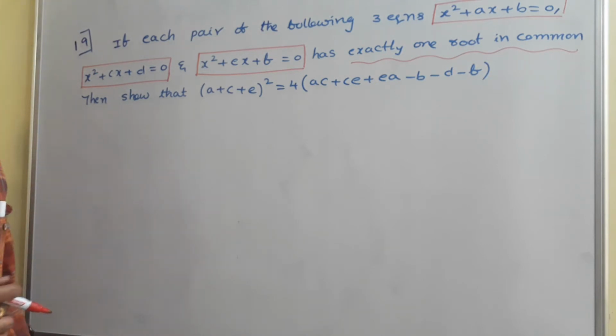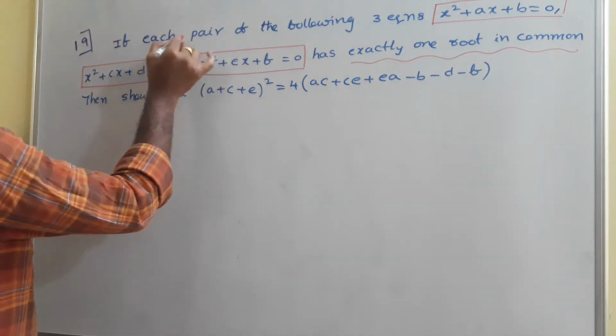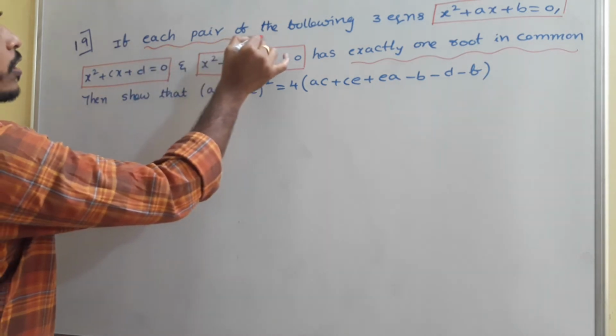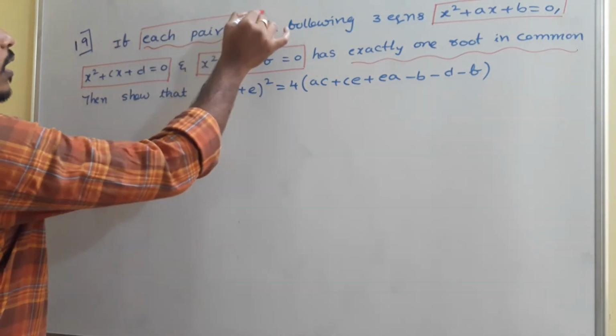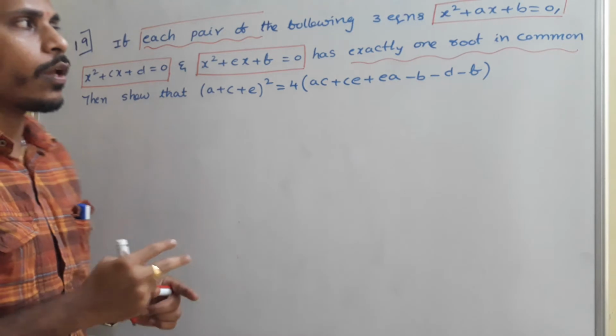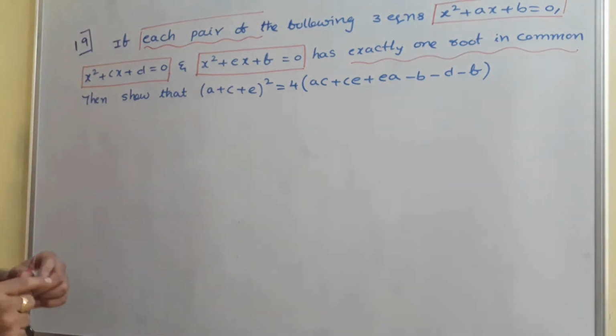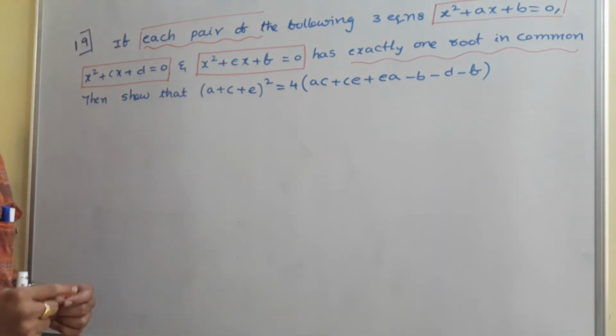Okay? So what we need to say? Just think about it. So each pair of the following three equations, okay, you need to pay your attention on this word each pair. Every pair of equations have one root in common, and that's why we need to consider the roots in such a way.